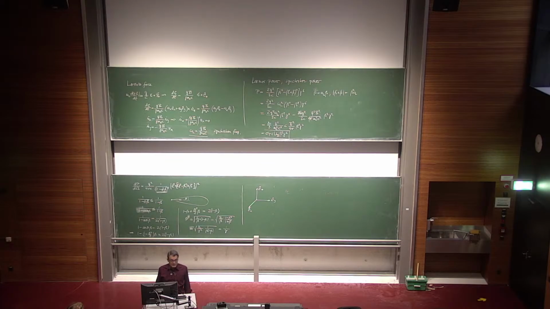And then the spectrum is easily calculated, but rather boring. So the electron is going around here. Let's say it's traveling in the mathematically positive sense. Now you can find out yourself where the magnetic field has to point.